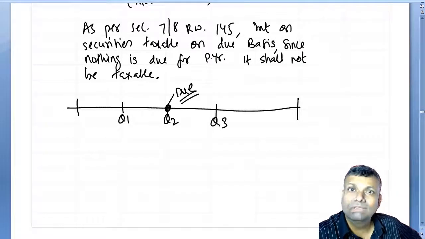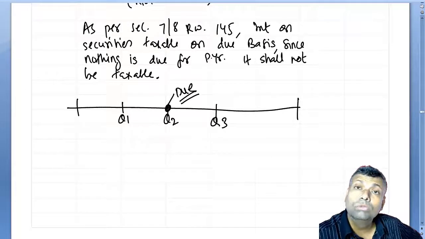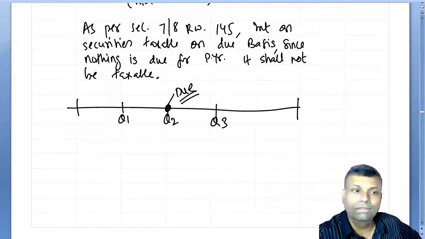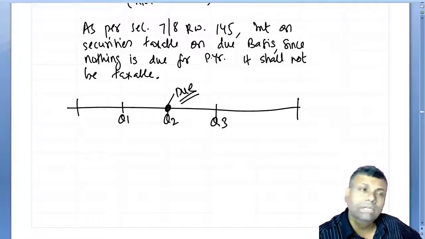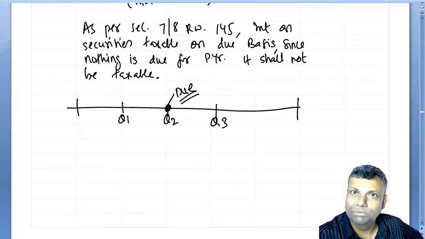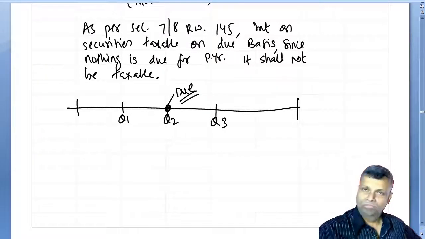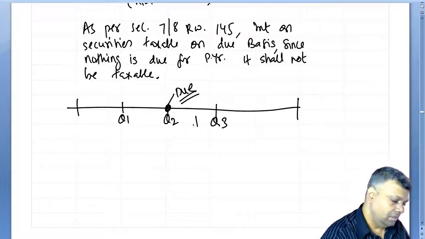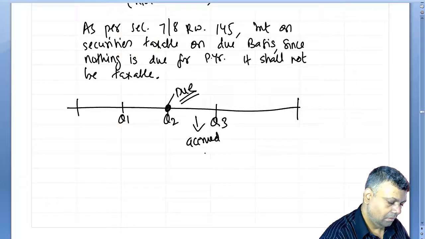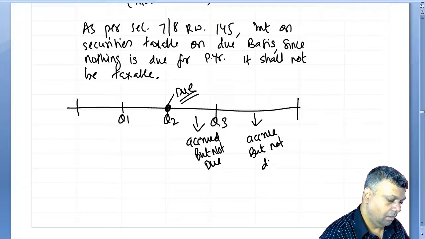Suppose as per the terms of the securities, how will you come to know in real life when it is falling due? For that you have to read the securities. Every security will have its own terms. It is not some universal thing, but it is subject to the terms and conditions of the security investments. So if it falls due, then after the payment of quarter 2, this is accrued but not due. This quarter also is accrued but not due.